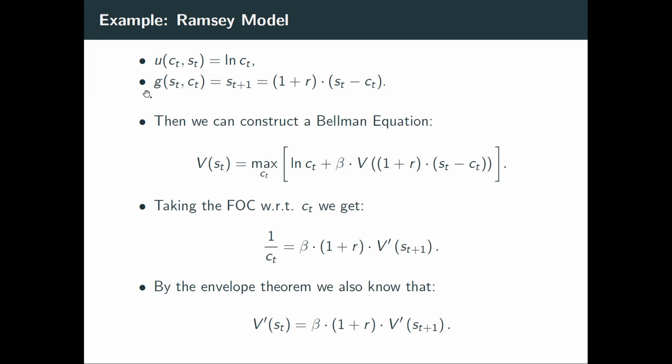And the evolution of the state variable, basically your savings, is like that. When you decided to spend C_t on your consumption today, remember that your savings were S_t, then you subtract C_t. So that is your leftover in terms of money. And we assume that you have a bank account. In economics, everyone has a bank account.